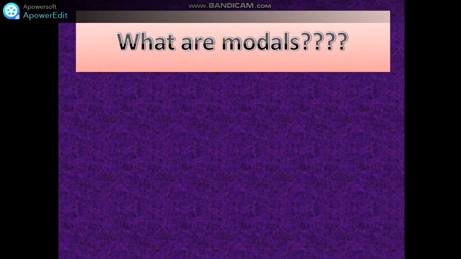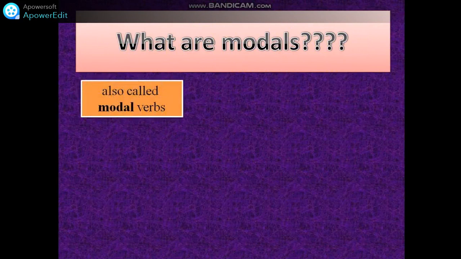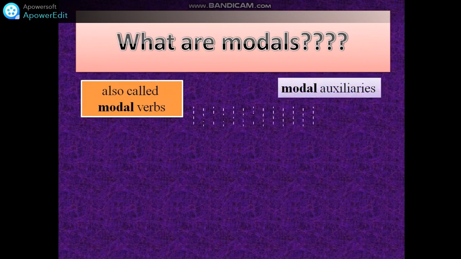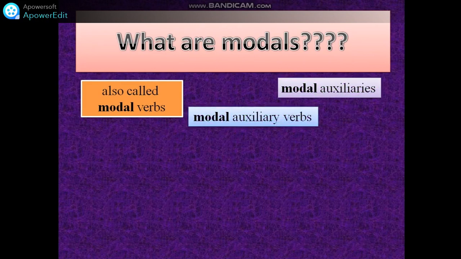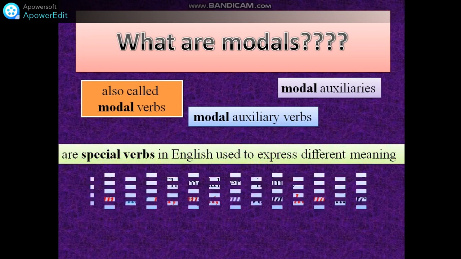What are modals? That's a big question everyone is asking. They are also called modal verbs. So we can call them modals or modal verbs, modal auxiliaries, modal auxiliary verbs, etc. There are special verbs in English used to express different meanings.